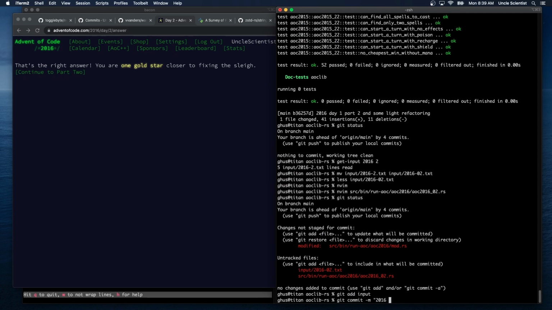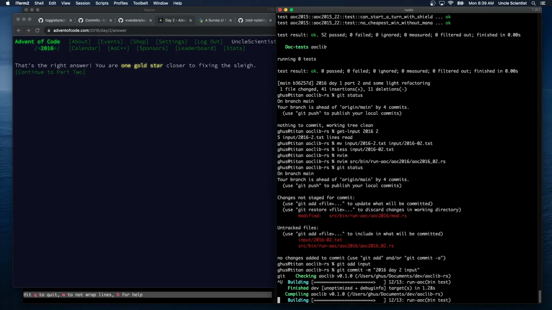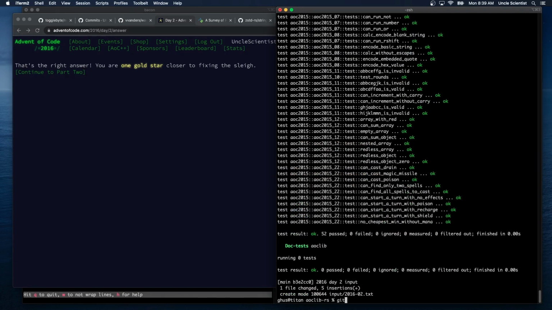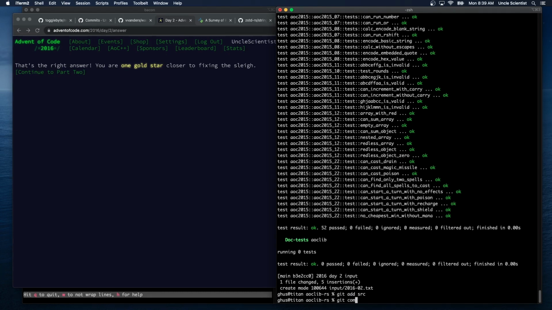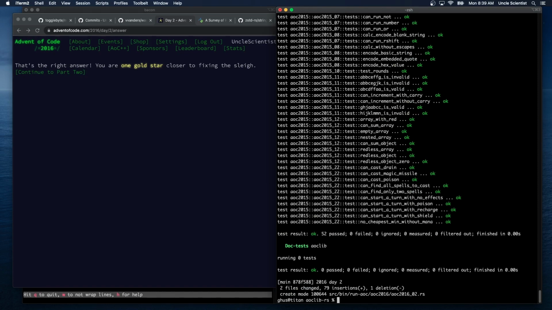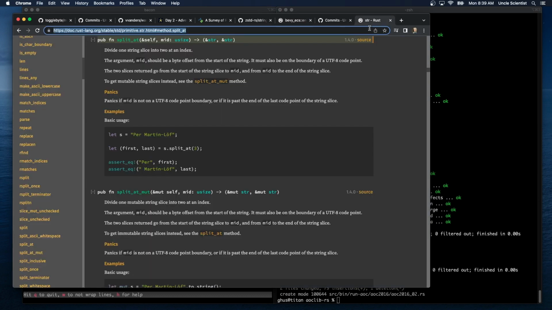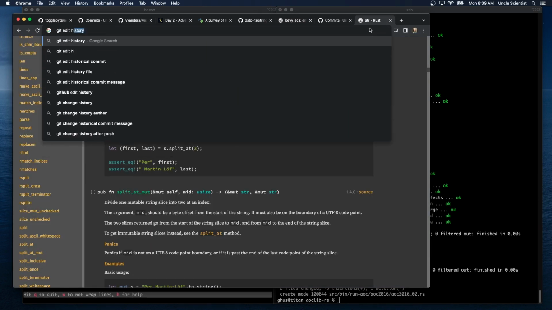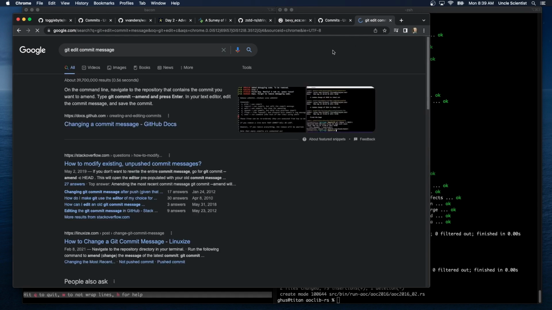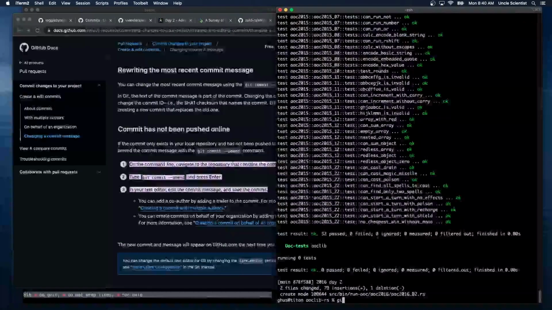Commit -m 2016 day 2 input. Oops, I forgot that it rebuilds. There we go. Git add source, git commit -m 2016 day 2. Oh, that was supposed to be part 1. Git edit, yeah, commit message. How do I do that again? Git commit amend.